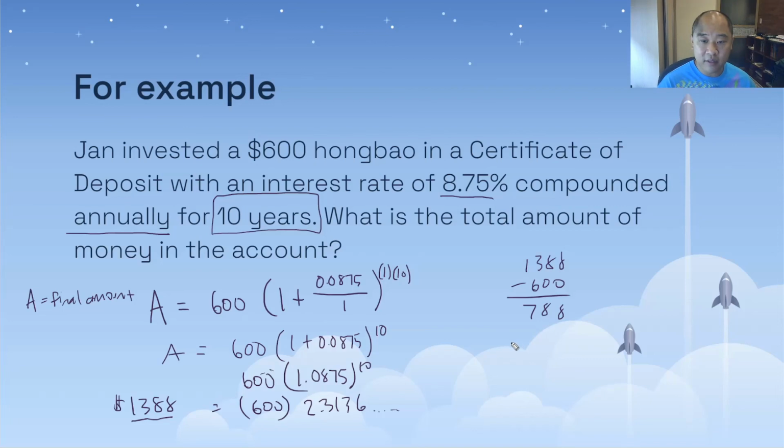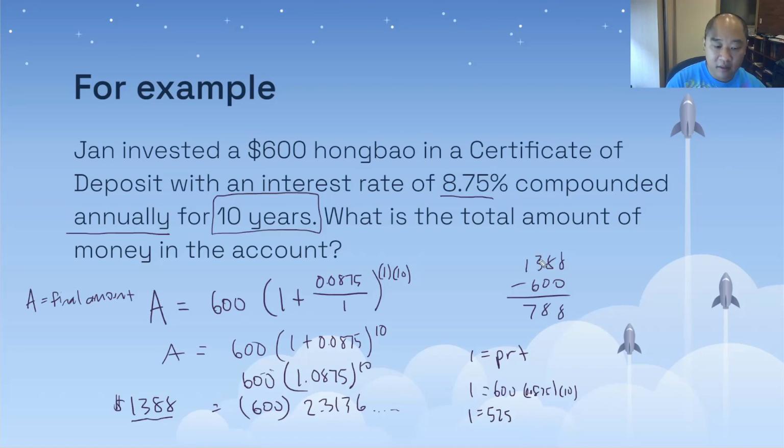So let's look at basic simple interest, which is I equals PRT, right? If we had done this with $600 times 0.0875 times 10, what would that be for simple interest? 600 times 0.0875 times 10 is $525.